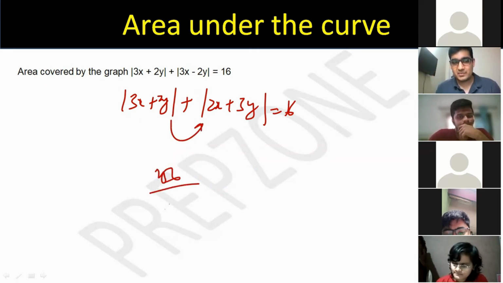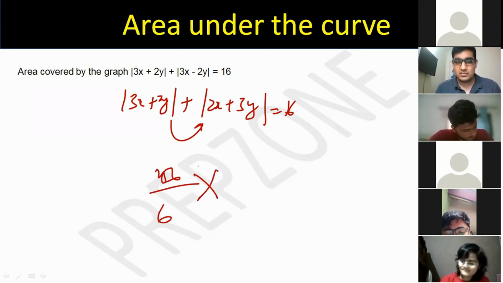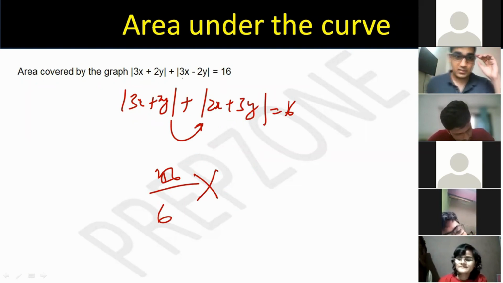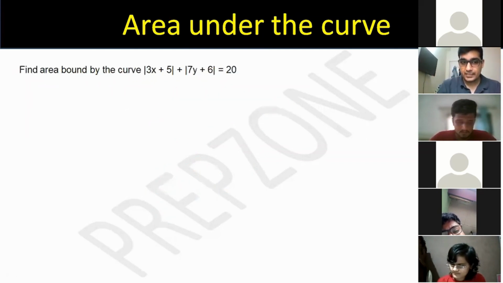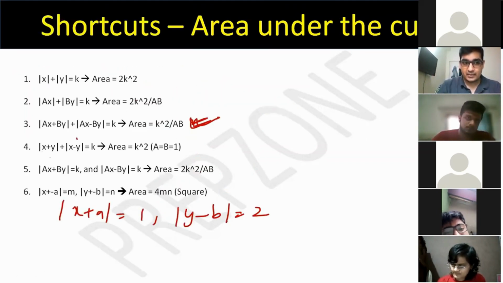Answer will be 256 by 6, but it will be wrong. Those shortcuts are only applicable to the generic forms, which is ax plus by and then ax plus minus by. The coefficient of x has to be same. Only then you can apply the formula. Right? It has to be A. Otherwise, you can't apply the formula.